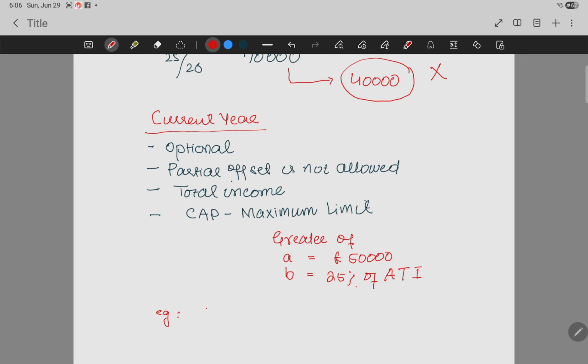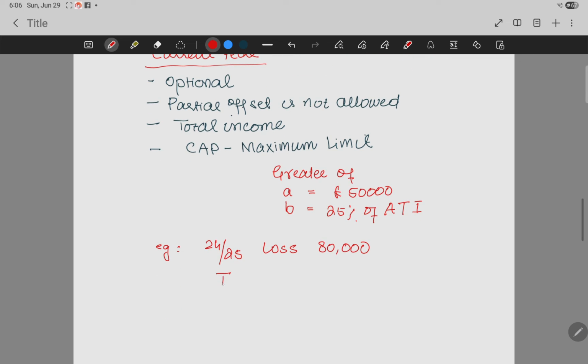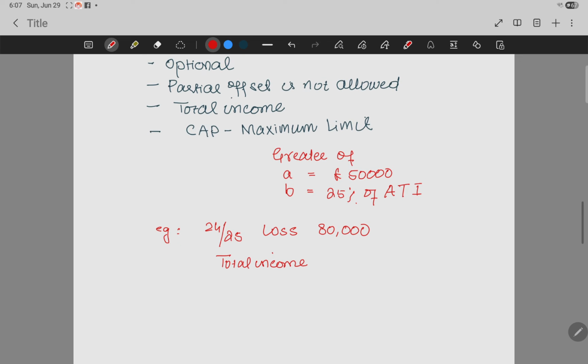Suppose, let's assume that in the tax year 24-25, we have a trading loss of 80,000, and in the same year we have total income of, suppose, 60,000. Then how much loss can be offset? As you can see here, the total income is 60,000, so 25% of that is 15,000.